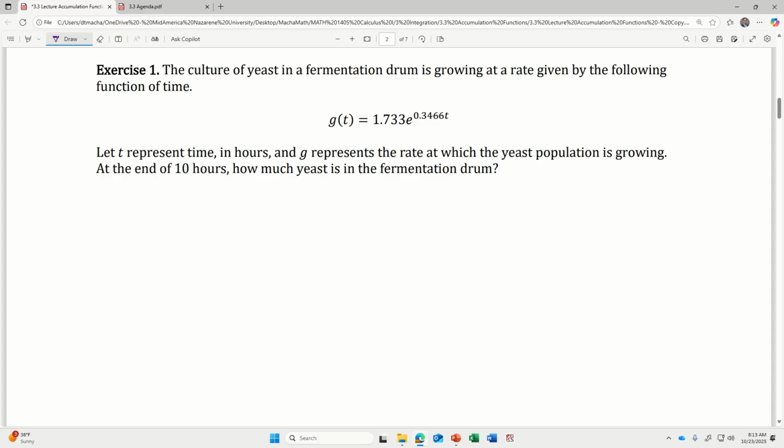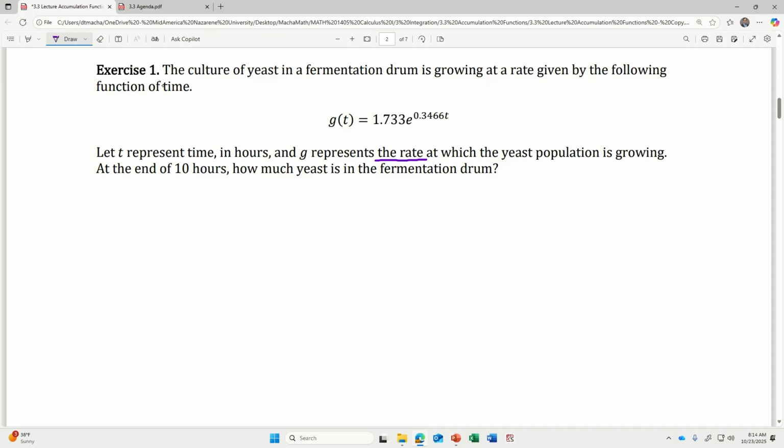This one says, the culture of yeast in a fermentation drum is growing at a rate given by the following function of time. Let t represent time in hours and g represents the rate at which the yeast population is growing. At the end of 10 hours, how much yeast is in the fermentation drum? So what should I do?